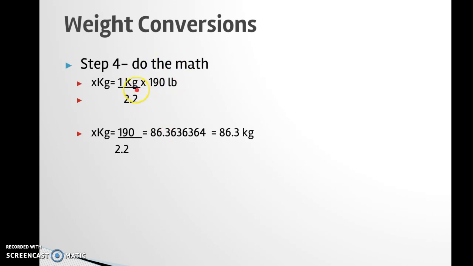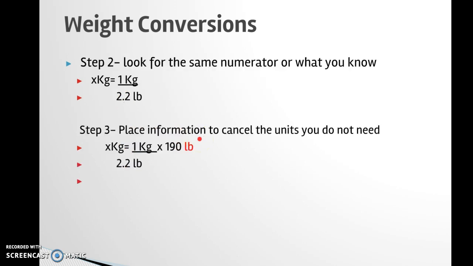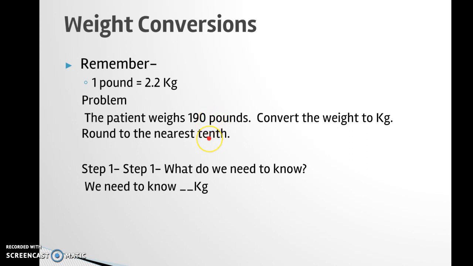We have 190, so we'll multiply that times 1, and we're going to divide it by 2.2, and that's going to give us 86.36363664. Our orders tell us to round to the nearest tenth.